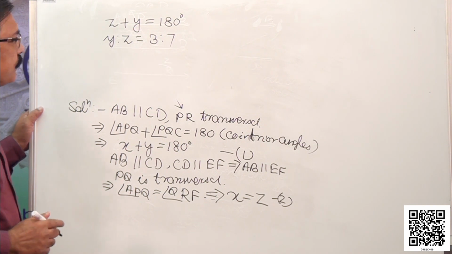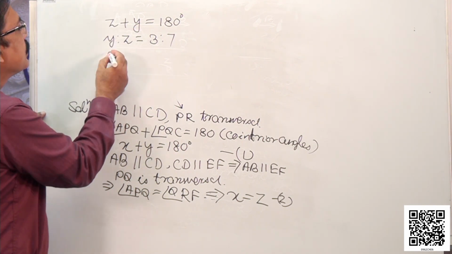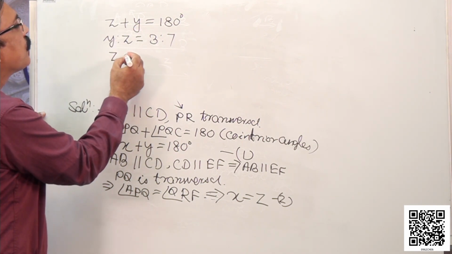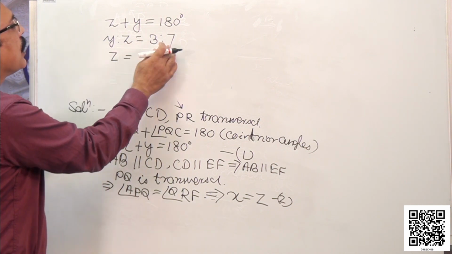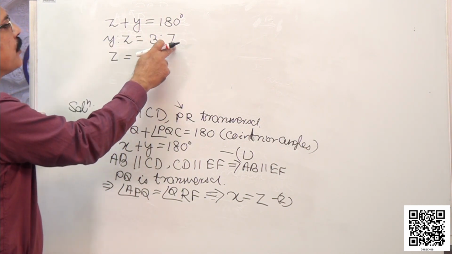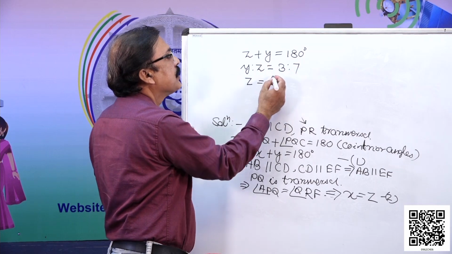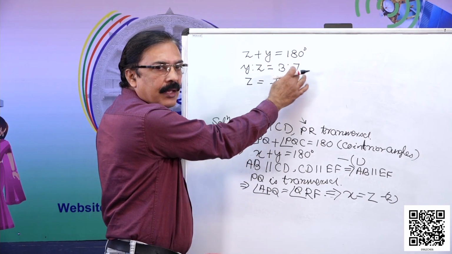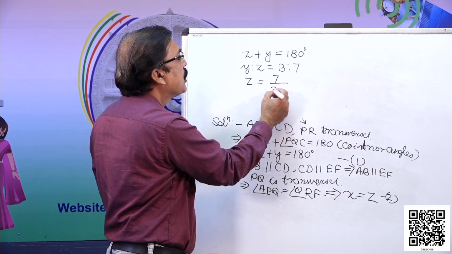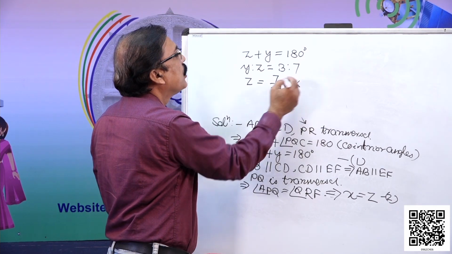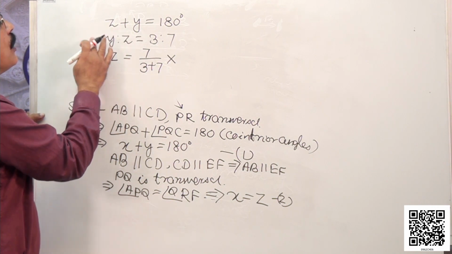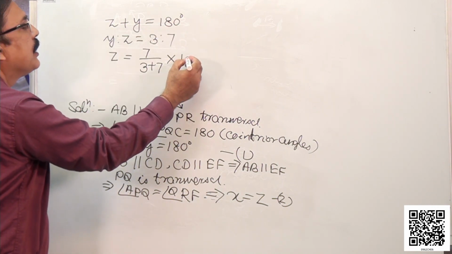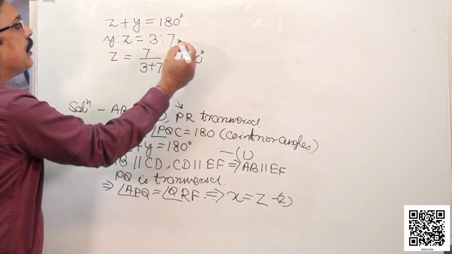3:7. Then what is Z? Z is equal to 7 by sum of the ratios, that is 3 plus 7, into the sum of Y plus Z, that is 180 degree.